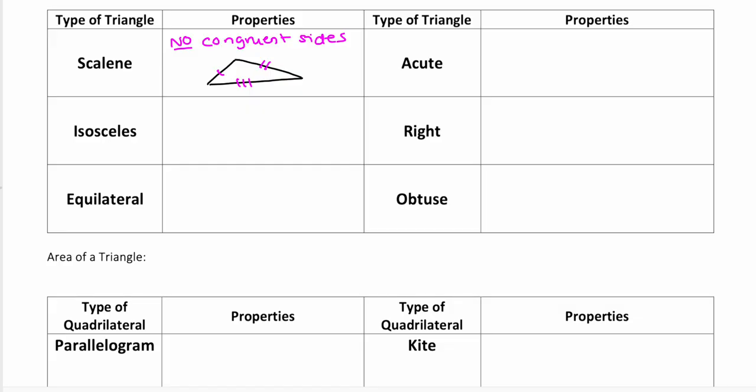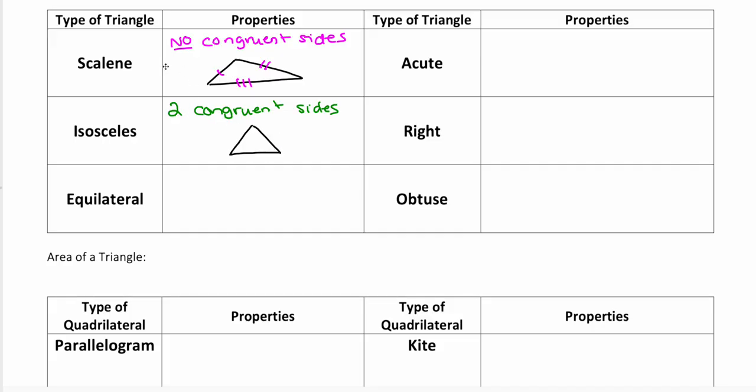An isosceles triangle is when you have two congruent sides. You cannot have one congruent side because it has to be congruent to something. So we go from none to two. So picture of this, your normal isosceles looking triangle.